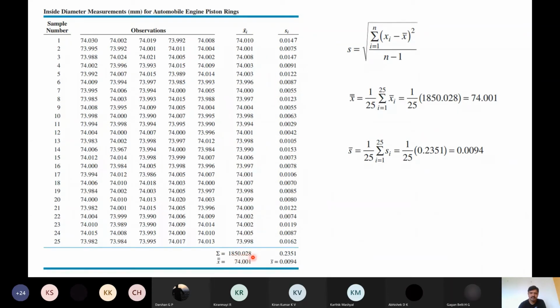Then divide that by 25, you will get 74.001. This is X double bar. Next, you have to find out the S bar value. In order to find out S bar, you need the S value. After getting the S value for all 25 samples, you can add these values, divide by 25, and you will get this S bar value.